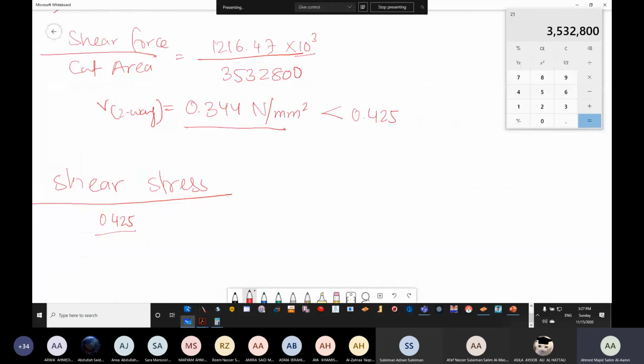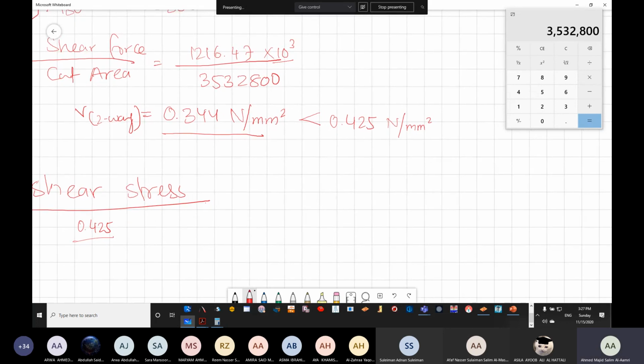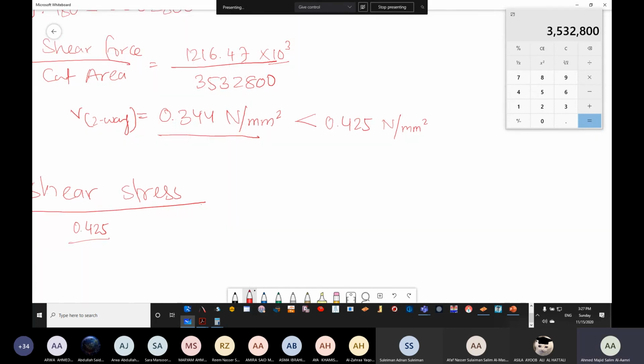So do you require shear reinforcement? Once again, the loading shear stress in case of a two-way is 0.344, and the concrete shear strength is 0.425, so you don't require it, it's already sufficient. So we just say that no shear reinforcement is required.